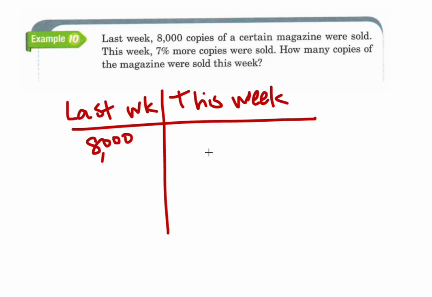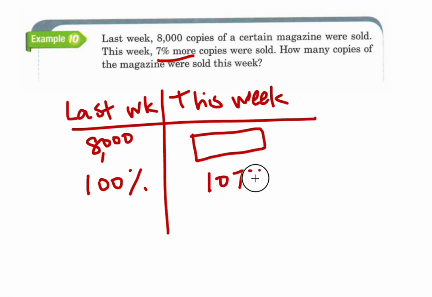So last week was 8,000. We don't know how many copies of magazines were sold this week. But let's just say, because we got to have 100% somewhere, let's say last week was the 100%. So then this week, there's 7% more, so it would be 107%.